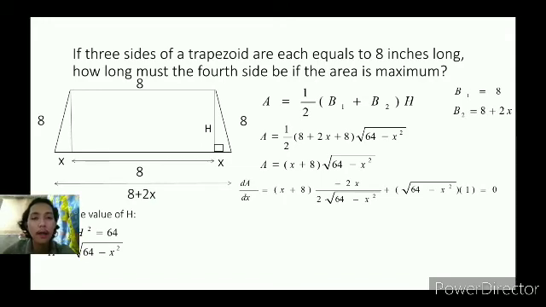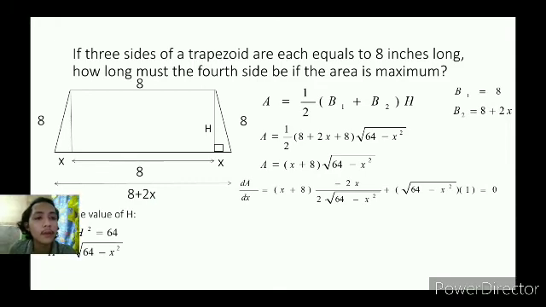So the last step said that we need to differentiate the equation and equate it to 0. So we're gonna derive the area and equate it to 0. We'll now have the derivative of A is equal to (x plus 8) times negative 2x over 2 times square root of 64 minus x squared, plus square root of 64 minus x squared times 1, equals 0.